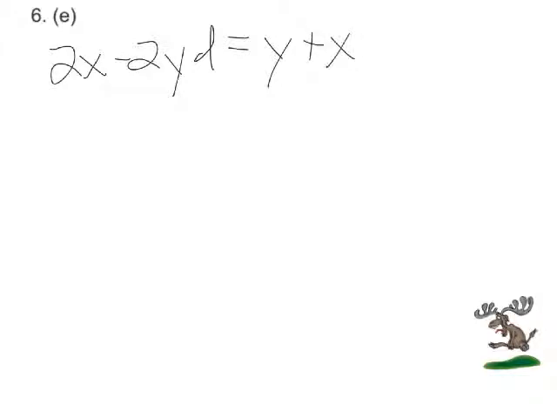All right, 6E, that one is not too bad either. We start out with 2x minus 2yd equals y plus xd, and we want to isolate the d. So I'm going to move all the d terms to the right-hand side of the equation and all of the non-d terms to the left-hand side.